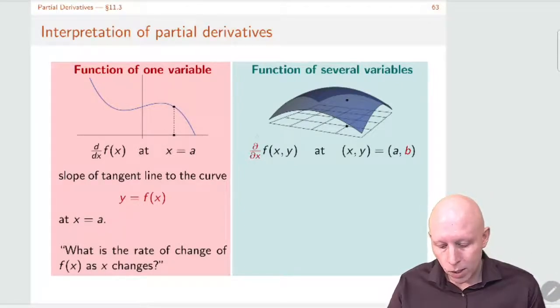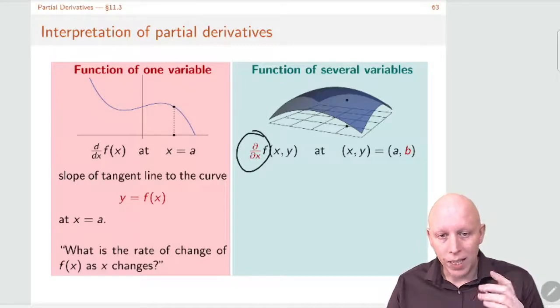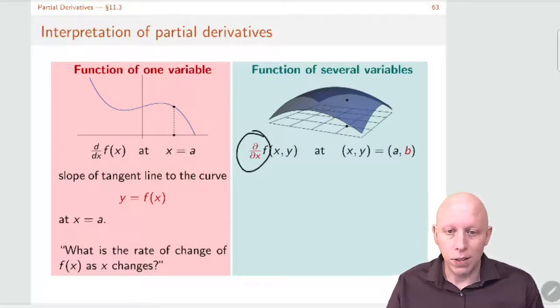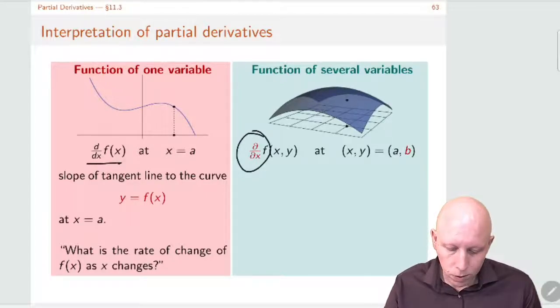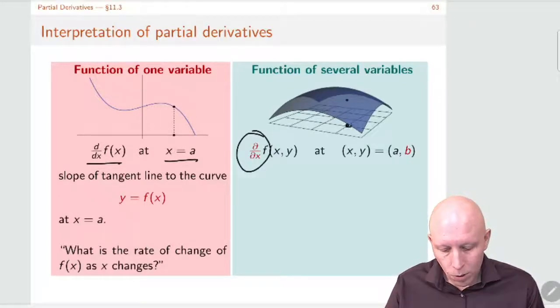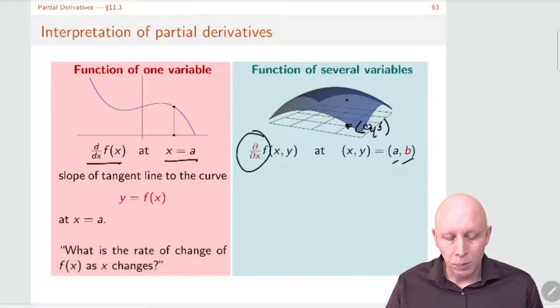So what does it mean for us to take the partial derivative with respect to x of f of x y? So again, we're taking this partial derivative over here at x equals a. Now we're taking the partial derivative at a point a, b. Right? So a is some number, b is some number.